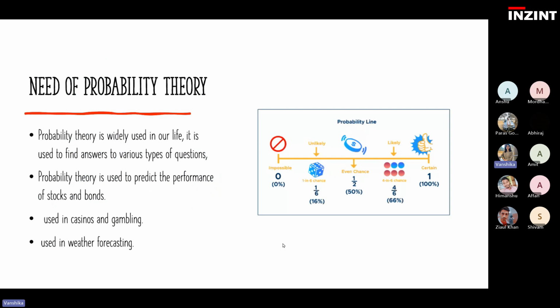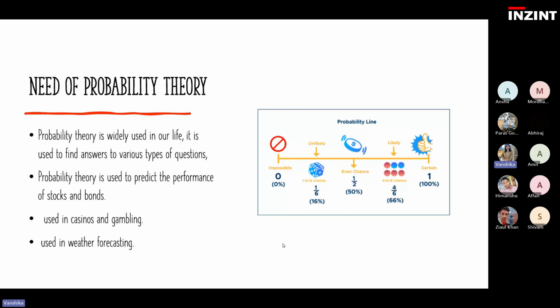Okay, now let's understand the need for probability theory. We widely use it. Even news channels, when they predict any kind of weather forecast, make those predictions by statistically analyzing the data or records of weather over the years, comparing it to today's scenario, and then giving you a probability of how likely the weather will be like this tomorrow. Will it be sunny? Will it be rainy?